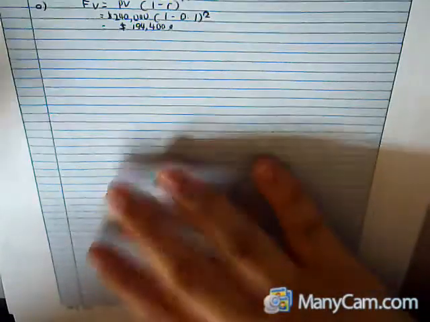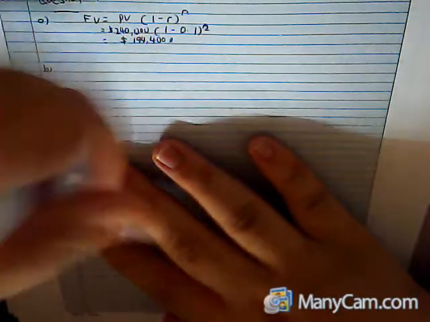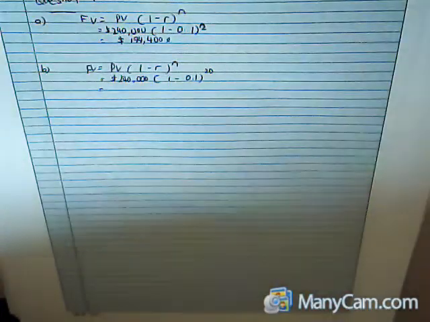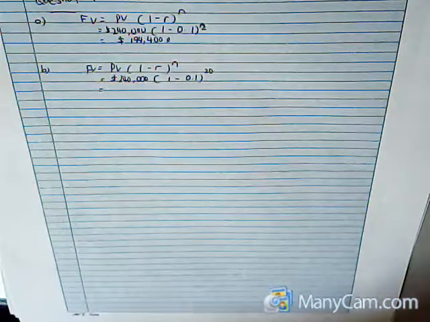We are still using the same formula. So B equals present value times 1 deduct R, power n. The present value is 240,000 times bracket 1 deduct 0.1, but now you want to know after the 20 years if it continues to decrease by 10% per annum.